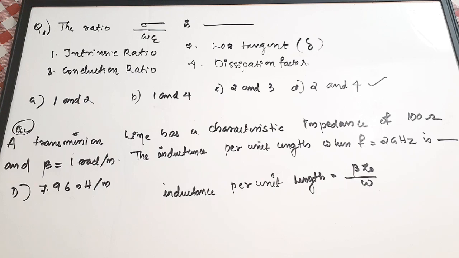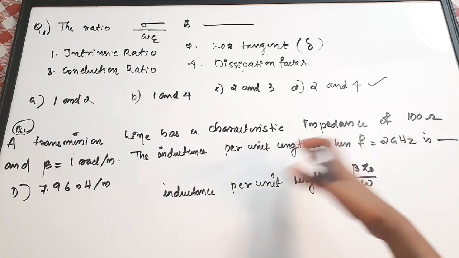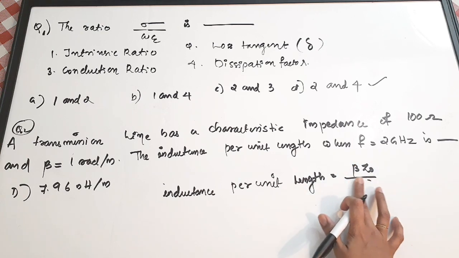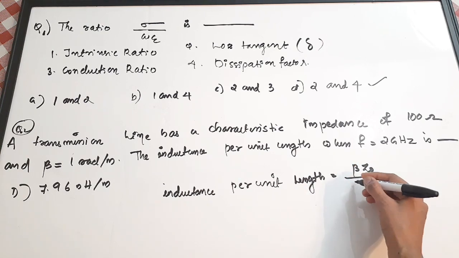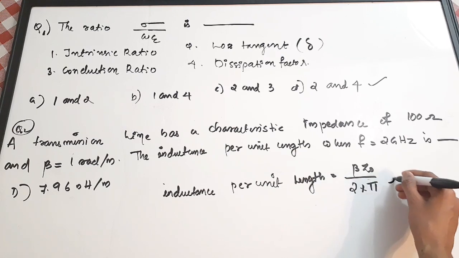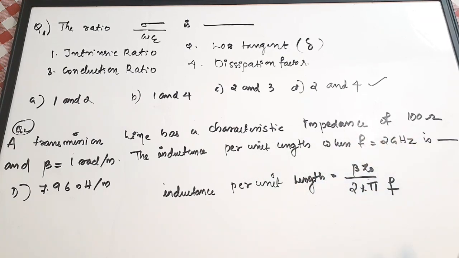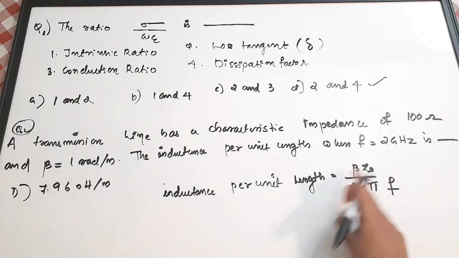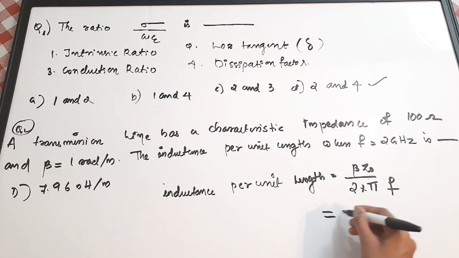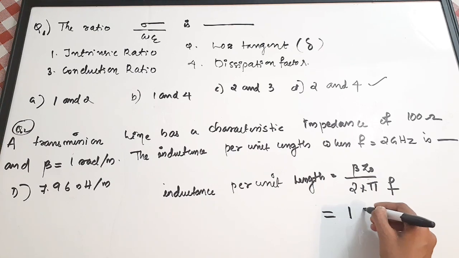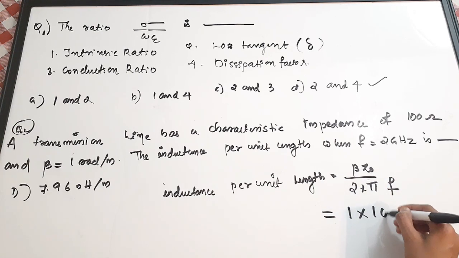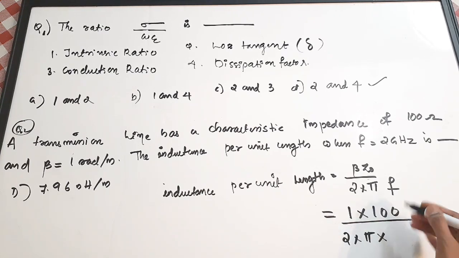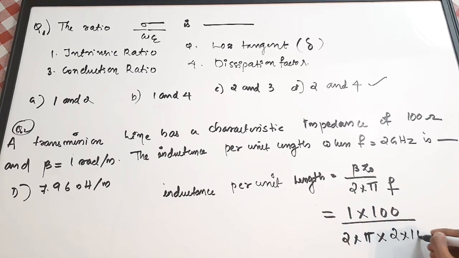where beta is phase constant, Z0 is the characteristic impedance, omega is the angular frequency, which is in radians per second. But in the question, the frequency is given in hertz. So you can write this omega as 2 pi f, right? 2 into pi into f. Now we have all the terms given in the question, and we can substitute. So beta is 1 into Z0 is 100 by 2 into pi into f, which is 2 gigahertz, that is 2 into 10 raised to 9.